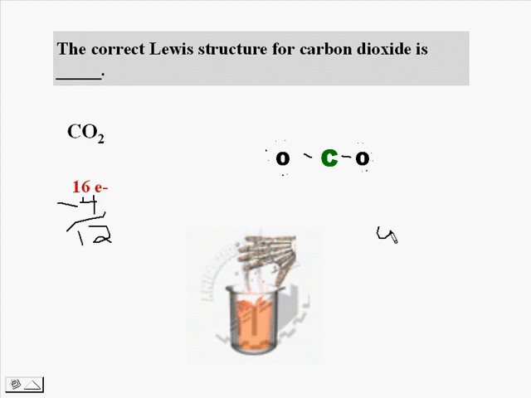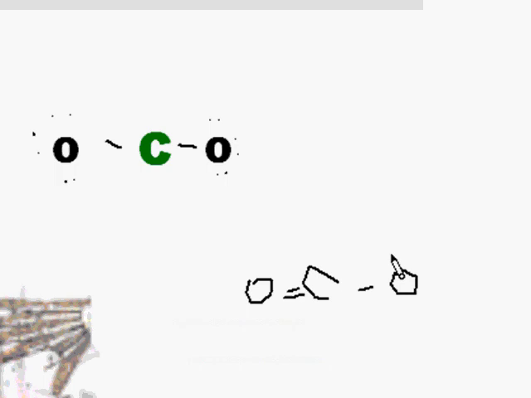This is when you start thinking about drawing double bonds. I'm going to take one of these pairs to the oxygen, and I'm going to bring it down, and I'm going to see if that solves the problem for carbon. This has 2, 4, 6, 8. Oxygen still has 8.